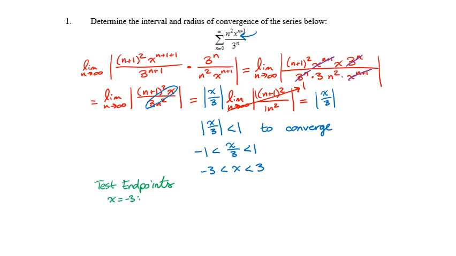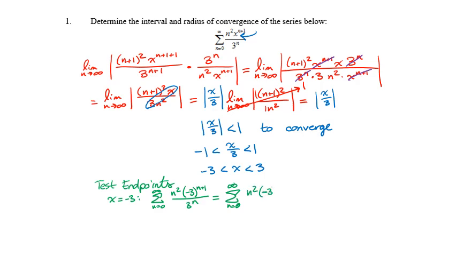If I plug in x equals negative 3, I have the series, the sum from n equals 0 to infinity of n squared times negative 3 to the n plus 1 over 3 to the n. Well, technically, I can rewrite this. If I have n plus 1, I can take out that negative 3, just like I did in the ratio test.